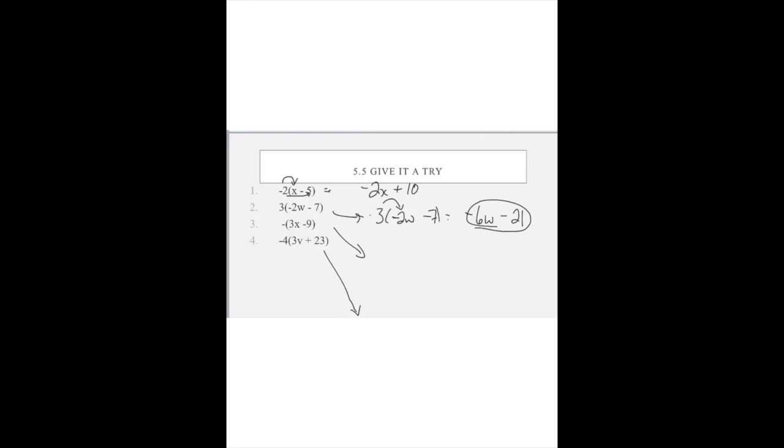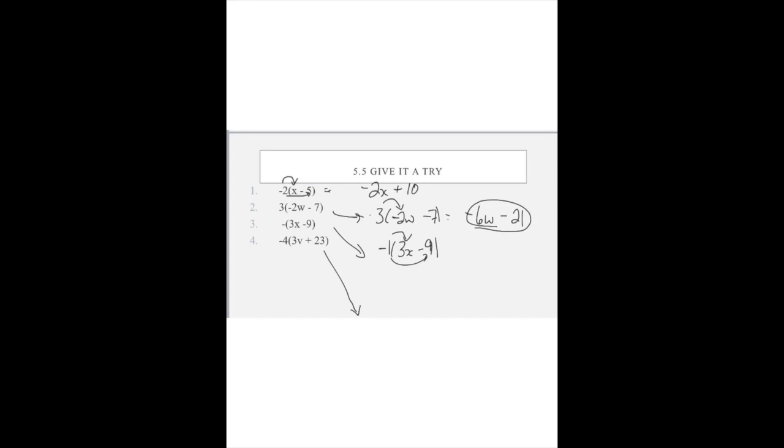For the next one, we simply have a negative out front of 3x minus 9. Now, this is what I tell my students, I'm sure you guys have heard this, is that you can also look at negative as just simply saying a negative 1. So it's the same as saying negative 1 times 3x, negative 1 times 9.